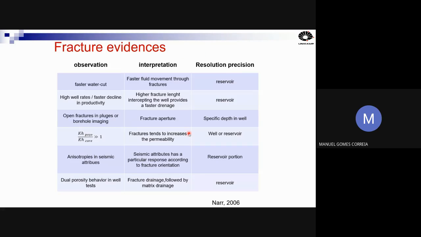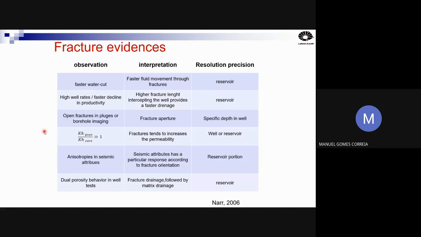So here is a table that shows other characteristics that give evidence of fractures in the reservoir, which helps us to define the uncertainty that we have. In fractured reservoirs, normally we have a faster water cut, we have high well rates and well heights with a faster decline in productivity.